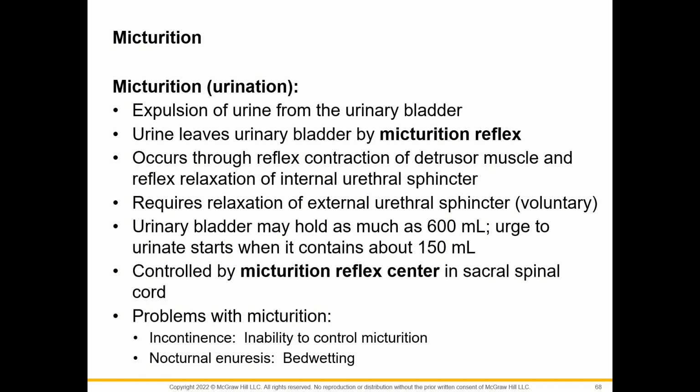Another interesting thing with micturition is that if the bladder is distended, meaning full, and the patient has a spinal cord injury, sometimes it can lead to autonomic dysreflexia, particularly in the first year after the spinal cord injury. And this is a very scary spike in blood pressure.